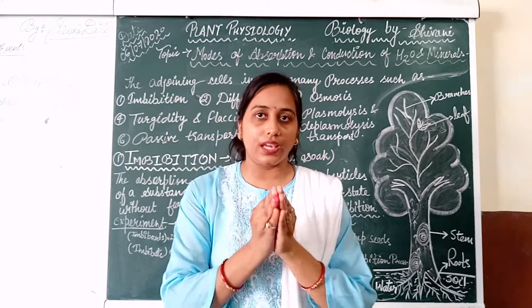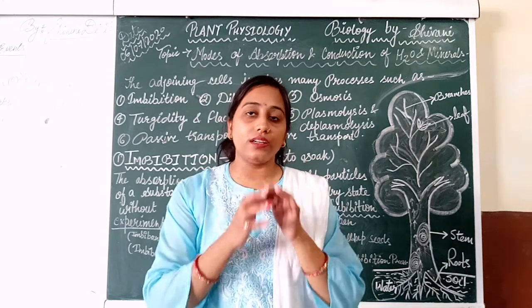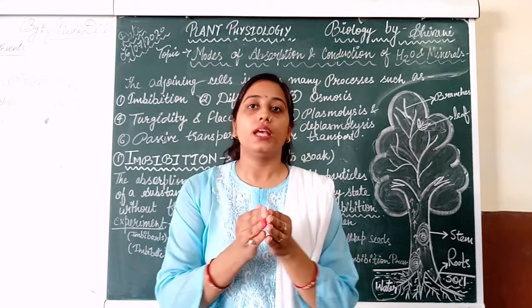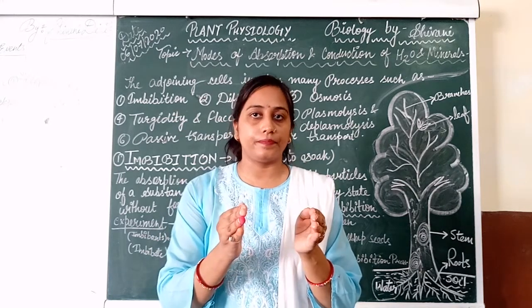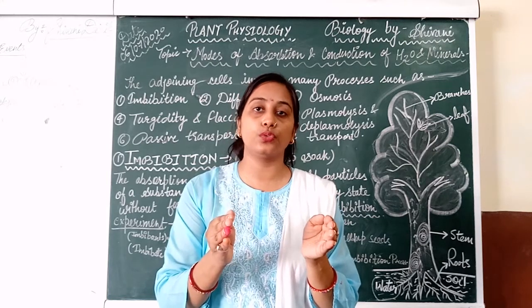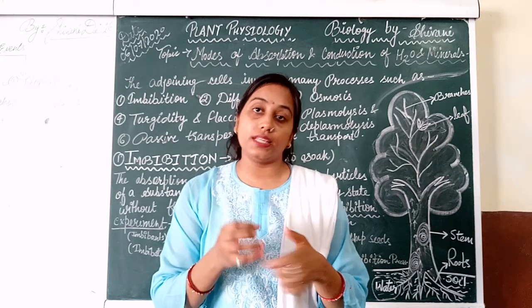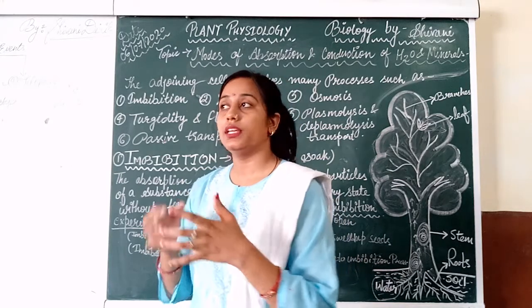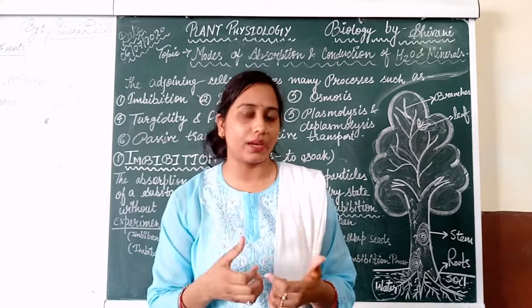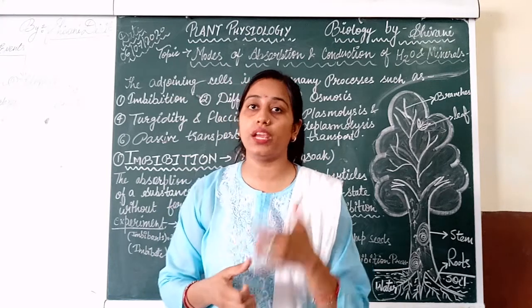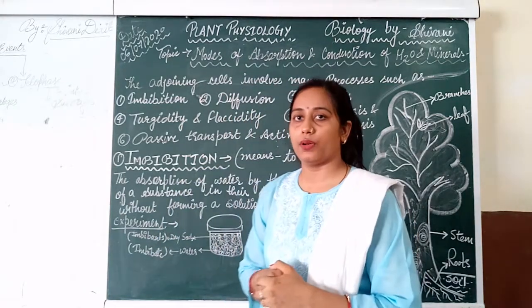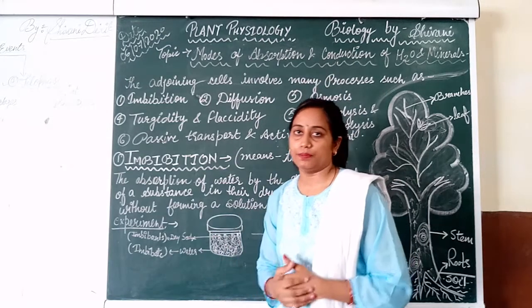The process of imbibition takes place, and the surroundings of the cells adjoining each other increase and swell up due to the moisture. This phenomenon is called imbibition. So what happens? The doors and windows, sometimes in the rainy season, will not fit in their proper frame. That is the daily example of the phenomenon of imbibition.